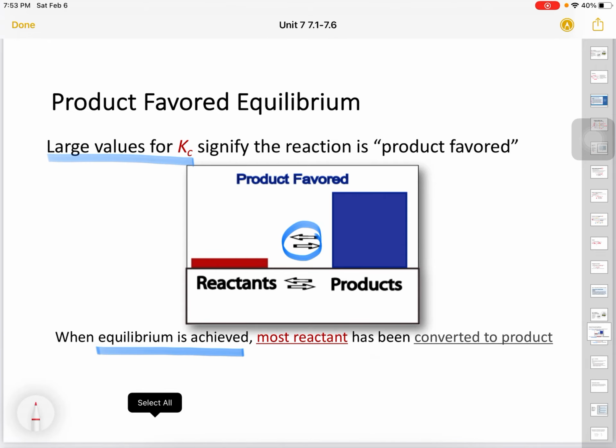And that makes sense in terms of how we write an equilibrium expression, that it's concentration of product over concentration of reactant. If the concentration of product, the numerator, is quite high in comparison to the denominator, then our calculated K value would be quite high as well.